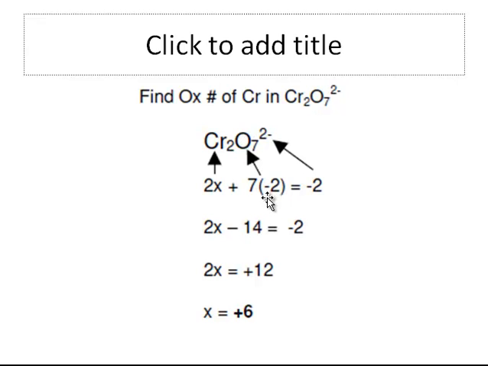We write that in parentheses, and there are 7 of those, and then there are 2 atoms of Cr, so 2x minus 14 equals -2. Add 14 to both sides, 2x equals 12, and we find that chromium here has a charge of positive 6.